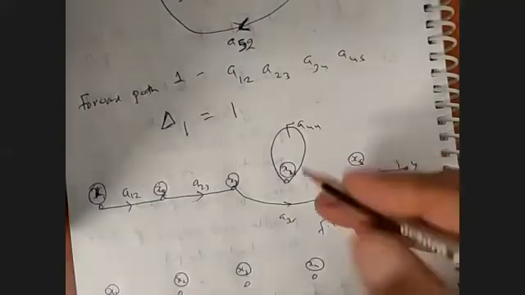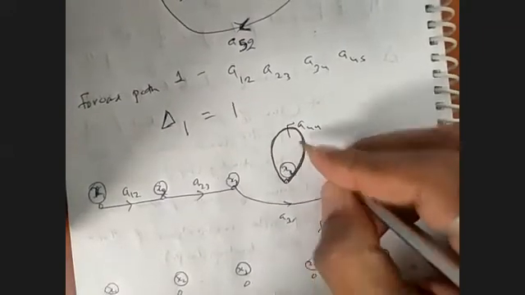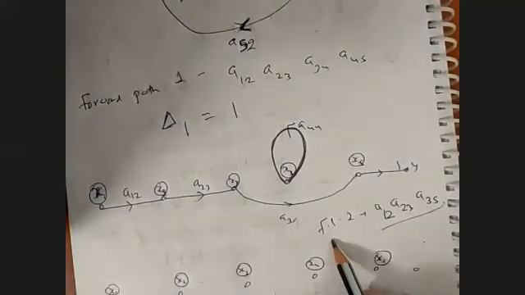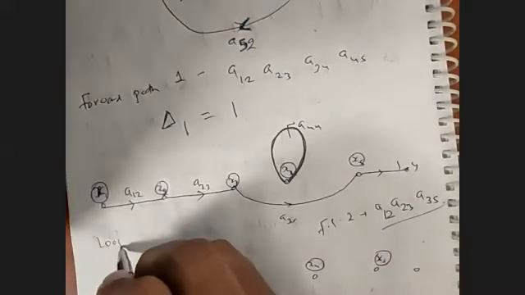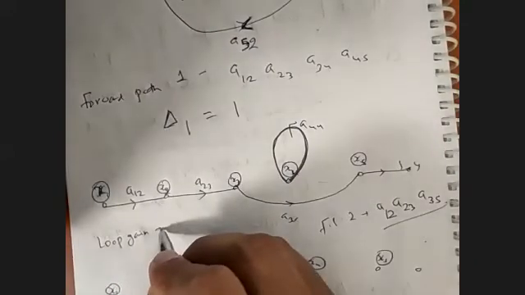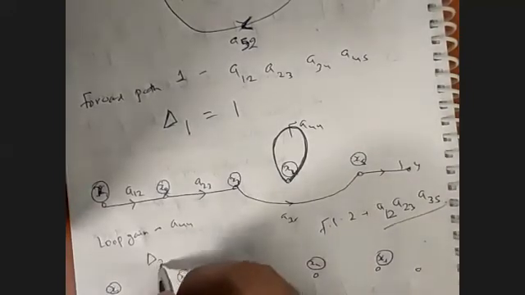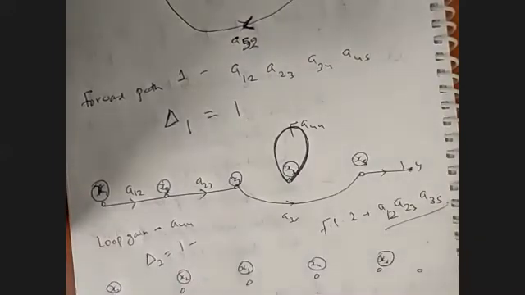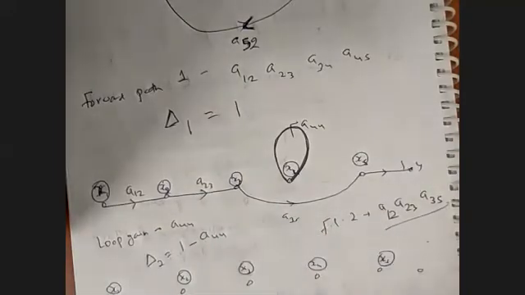This loop will be considered as the loop which is not counted in forward path 2. For this we have to find the loop gain. The loop gain of this system is A44. So delta 2 for this system will become 1 minus the sum of all the loop gains. That is only one loop, that is A44.